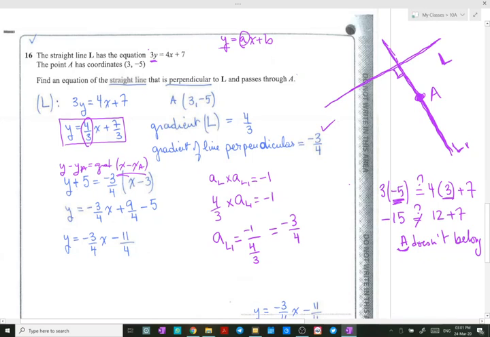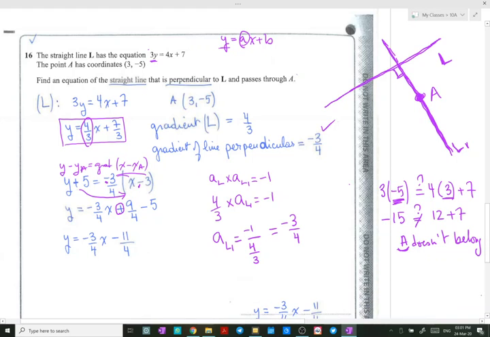Expanding, pay attention that you don't write them in decimals; you expand them keeping the fraction. Pay attention to this plus, because minus times minus is plus, and then you take the 5 to the other side, then you take a common denominator.